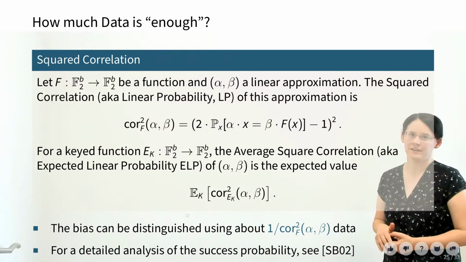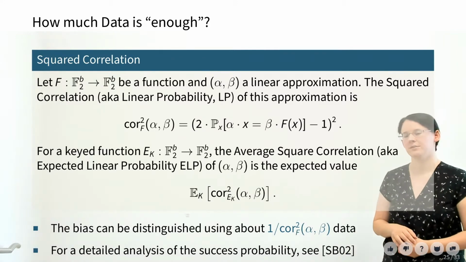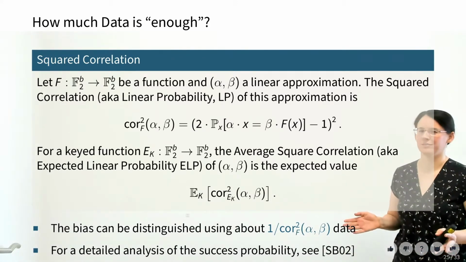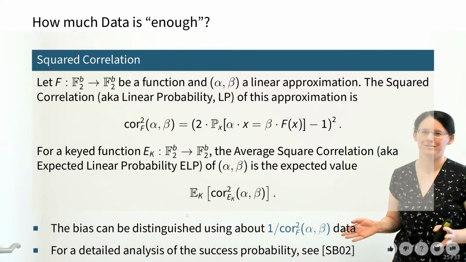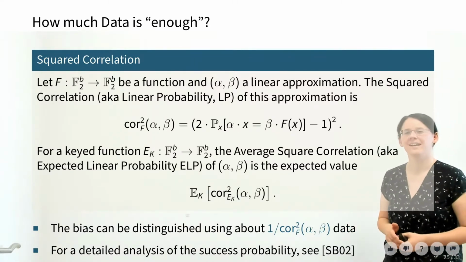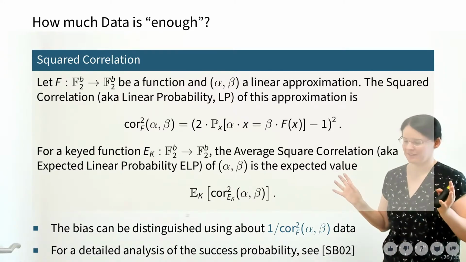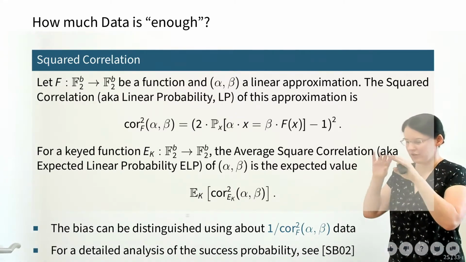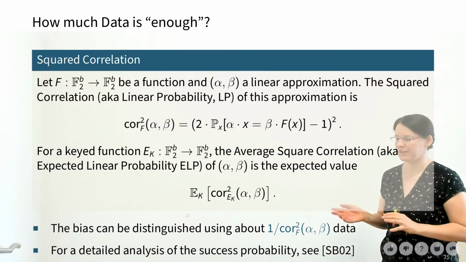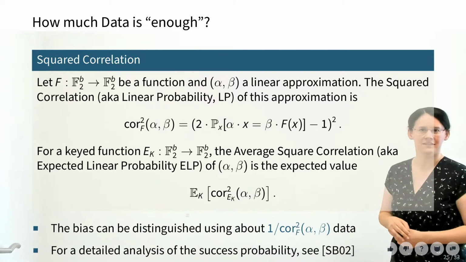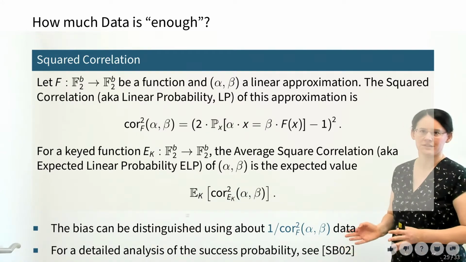If you want more details, there are formulas very similar to those we saw in the differential case. I don't know how often I've said it in this lecture, but it's very often very similar between the two. There you get a similarly complicated formula using the normal distribution and other factors like what success probability I want. I can evaluate it in detail, but you can also just try it out.